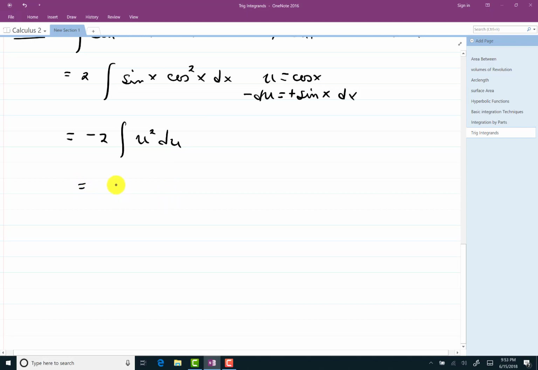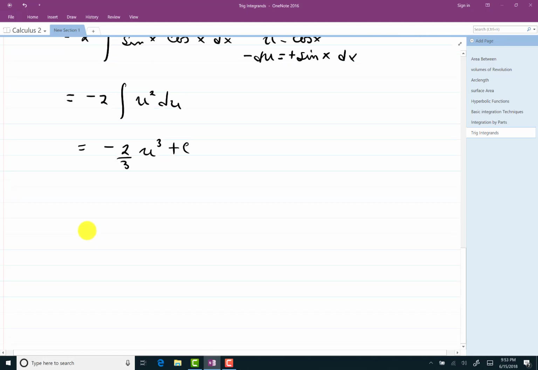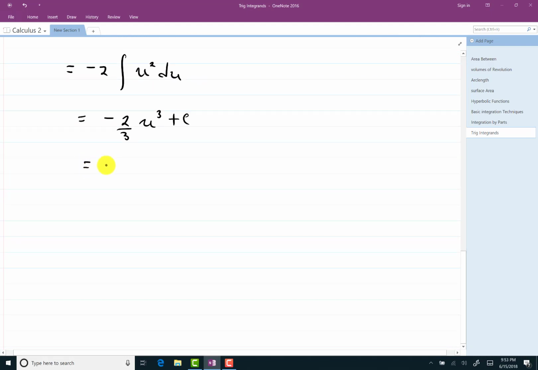So that equals negative 2/3 u to the third plus c, and then let me put my u back, which was cosine. So remember, negative 2/3 cosine to the third x plus c.